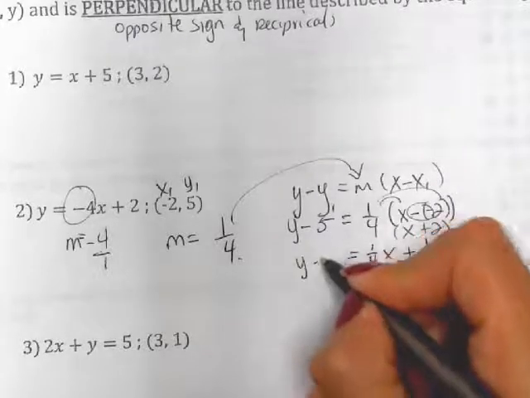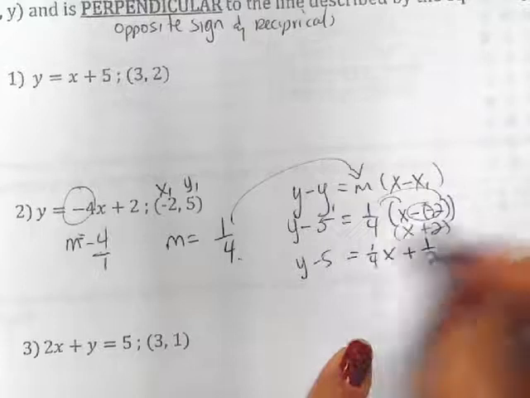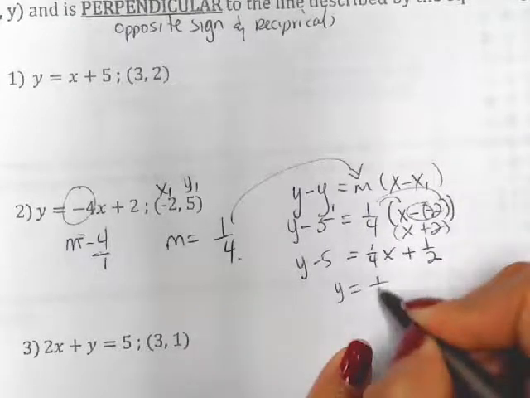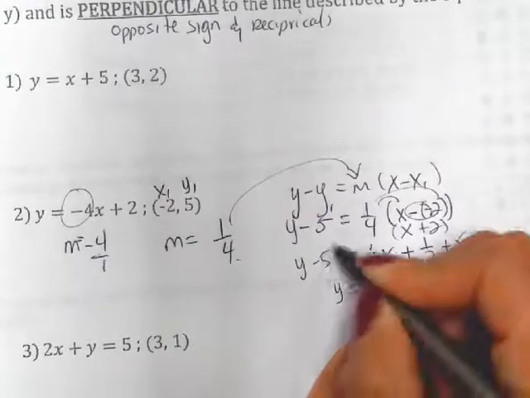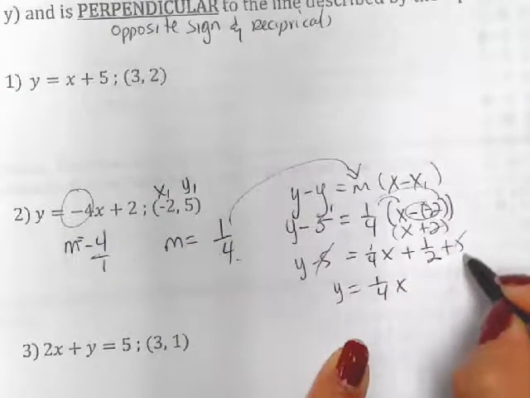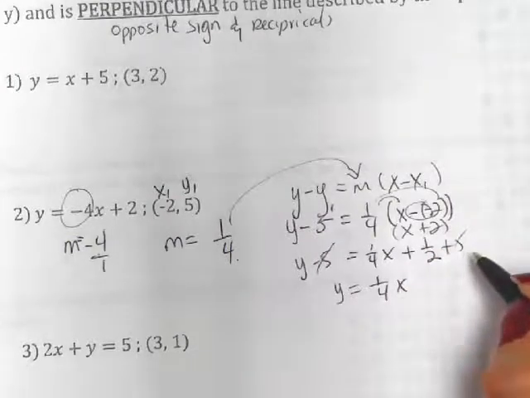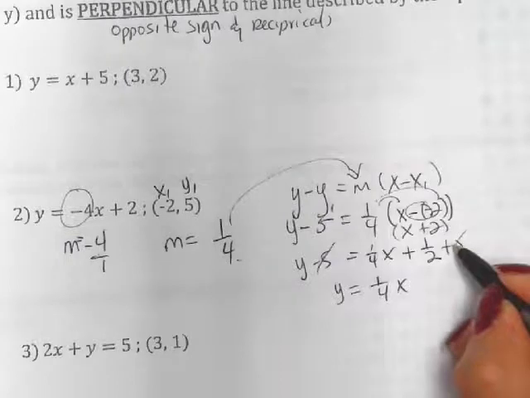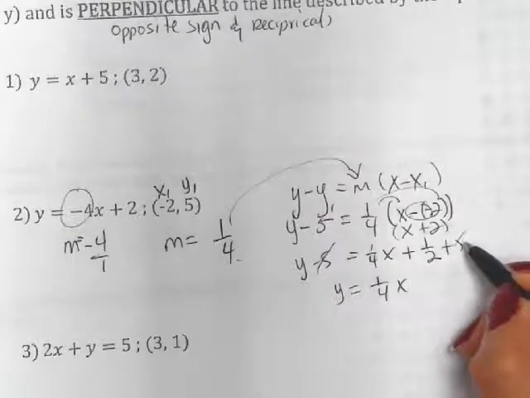And then y minus 5, bring the 5, change it to a plus. 1/4 plus 5. So you can put 1/2. That looks kind of weird. You can change it to a mixed number if you want to.